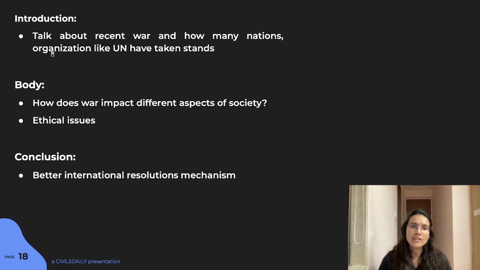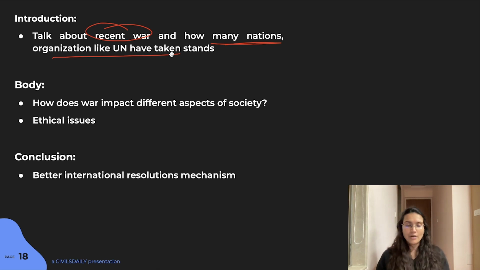So what you can do in the introduction is talk about the recent Ukraine war, and you can highlight how various nations and organizations like the United Nations have taken their stand. People are saying something but nobody is taking action against the country which has been continuing this war for such a long time, right? So you can highlight that particular issue.